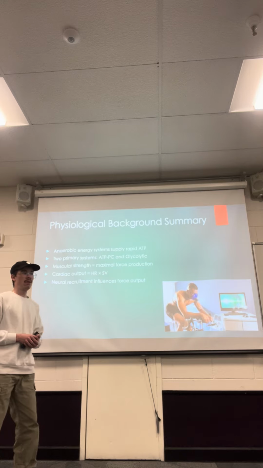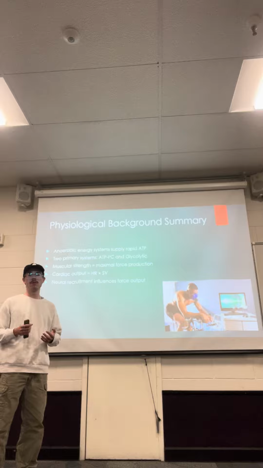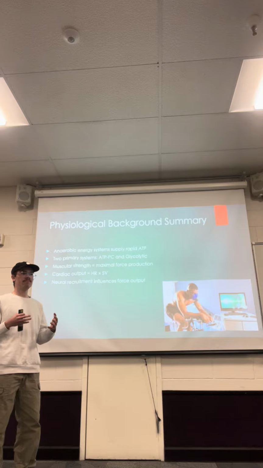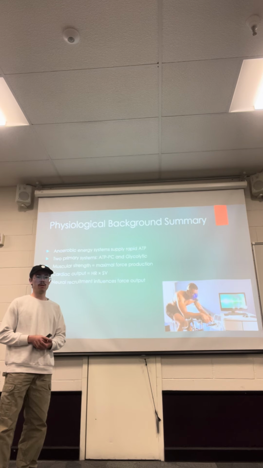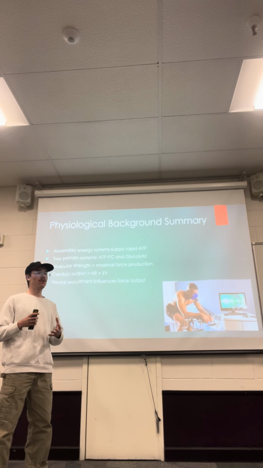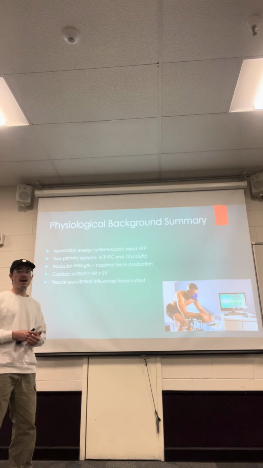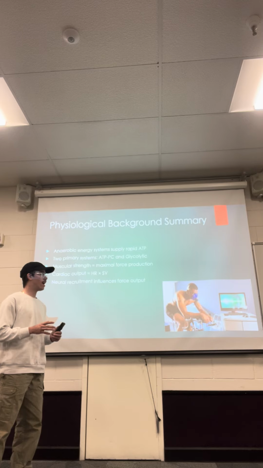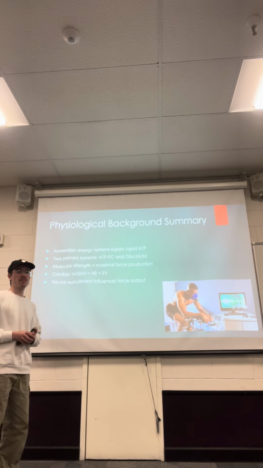Muscular strength refers to how much force a muscle or a group of muscles can produce during a lift or a sprint or something like that. Neural adaptations can also be a high factor of how much muscular strength you can perform.